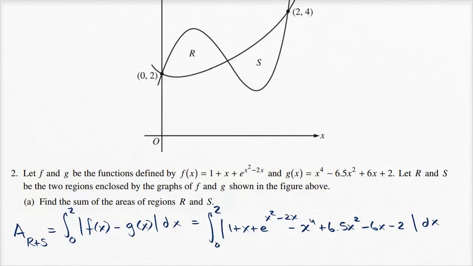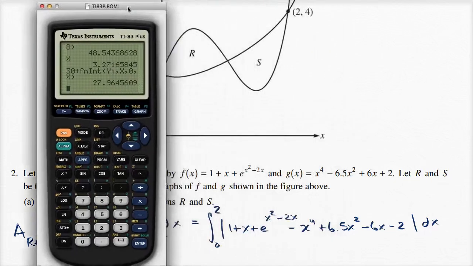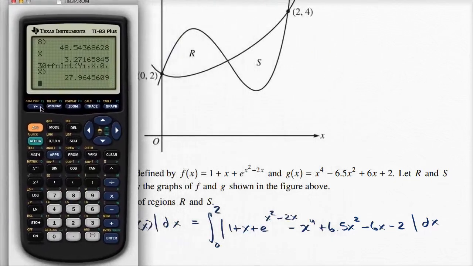So let's input this function into my calculator. I'm going to do the same thing that I did in part 1, where I define this whole expression as y1. So I am going to take the absolute value. Let me see where the absolute value is, it's been a little while since I last used one of these. Maybe it's under the math menu. Oh, there you go, absolute value.